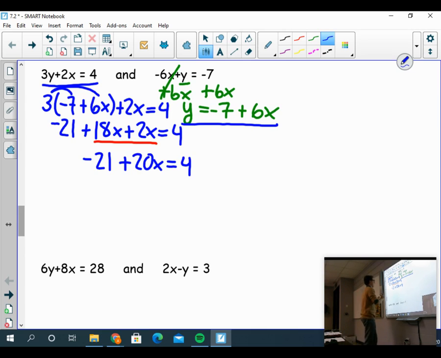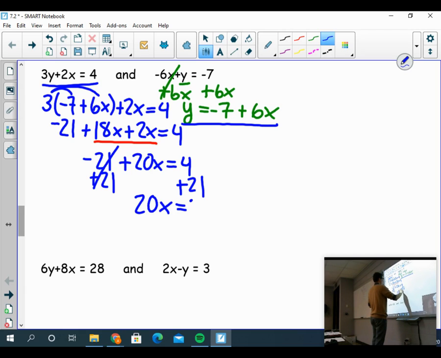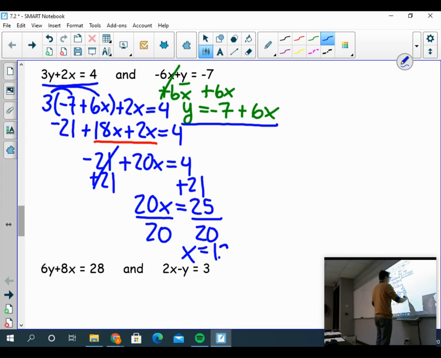From here, I'm going to add 21 to both sides, and I get 20x equals 25. I'm going to divide both sides by 20. And when I do this, I get x equals 1.25.